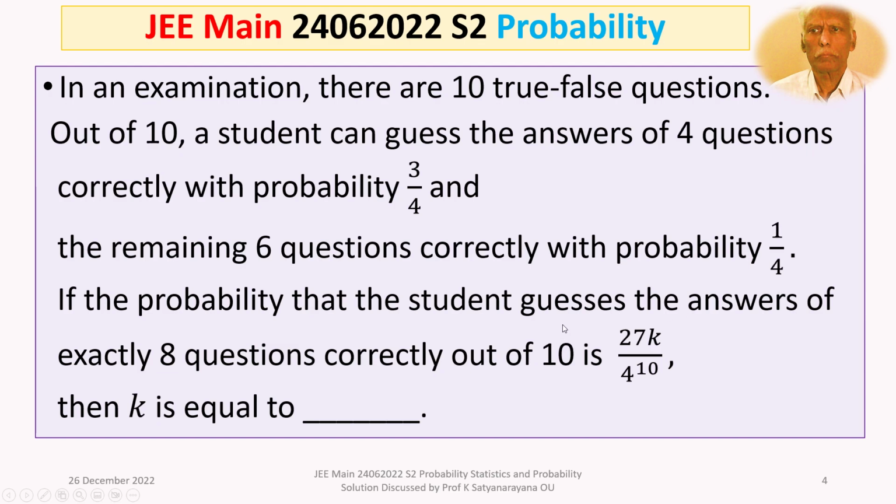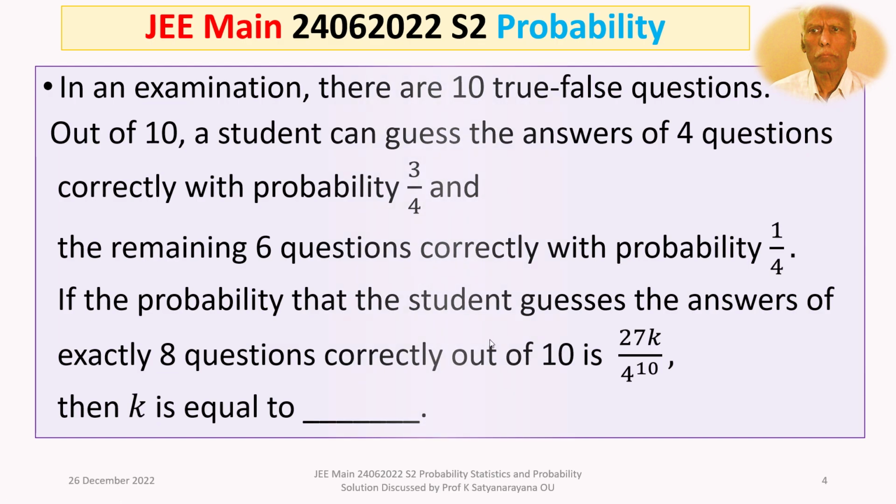It is given that the probability the student guesses the answers of exactly 8 questions correctly out of the given 10 questions is 27k/4^10. Then find the value of k.